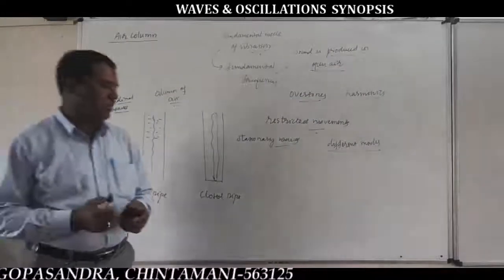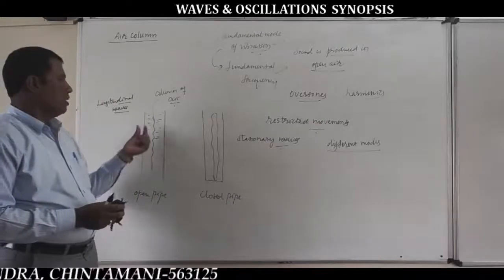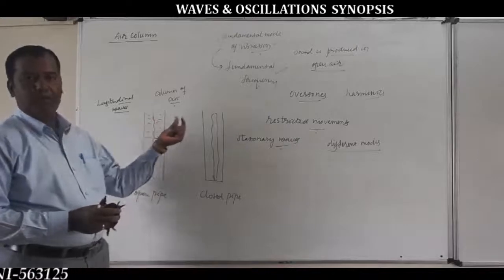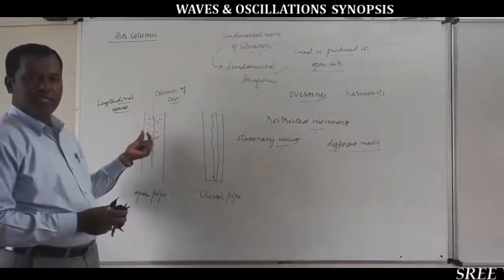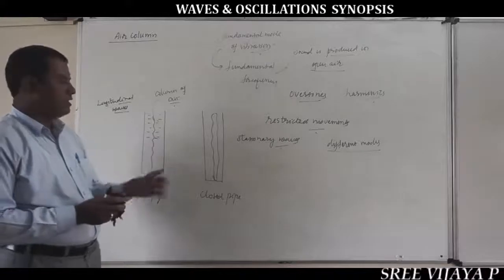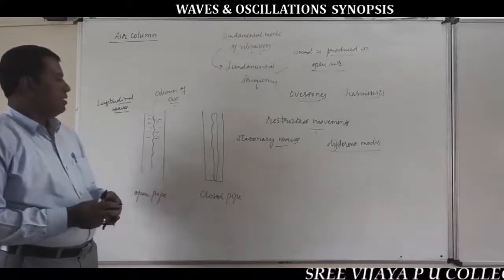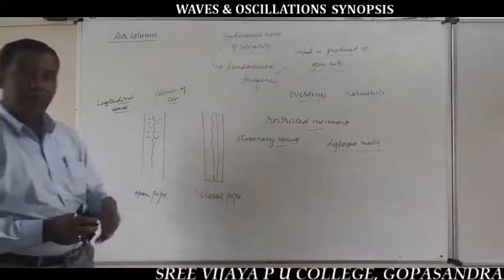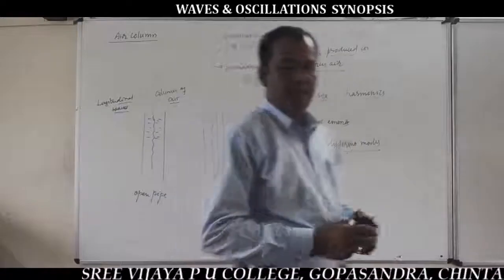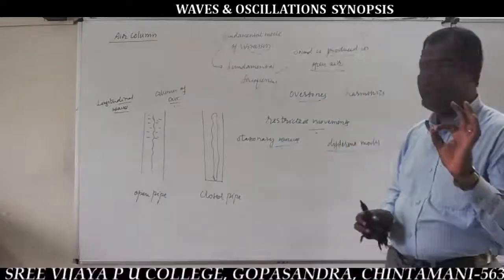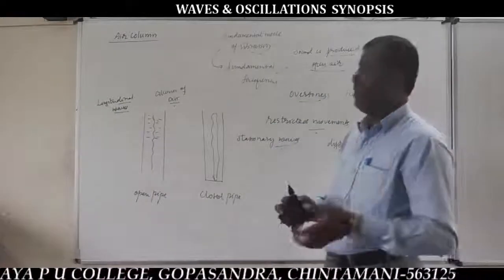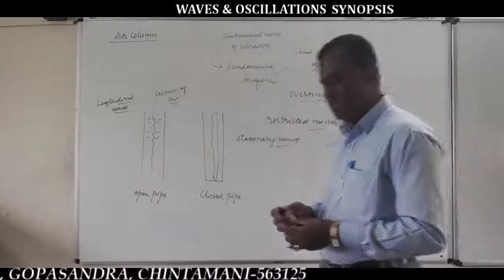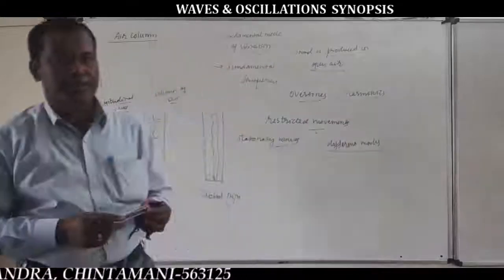So one thing we should note here is, when air is blown across the mouth of the pipe, there is generation of stationary waves due to superposition of the incident and reflected waves. And when air is blown, the air column starts to vibrate in different modes. The lowest possible mode of vibration with the lowest possible frequency is called fundamental mode of vibration, and the corresponding frequency is called fundamental frequency.